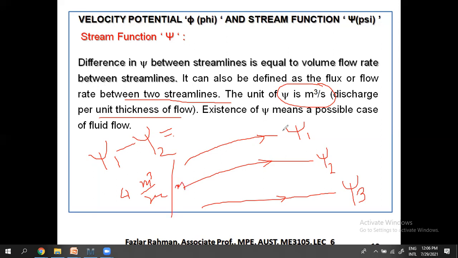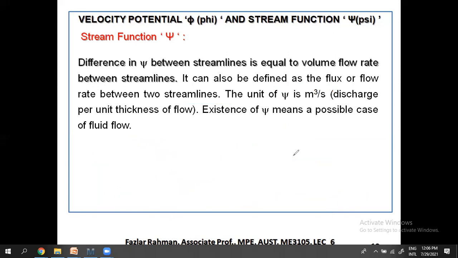Okay. So existence of psi means a possible case of flow. If psi value is 0, what does it mean? Q is 0. Q 0 means there is no flow. So if there is some value of stream function psi, it indicates that there is a flow.